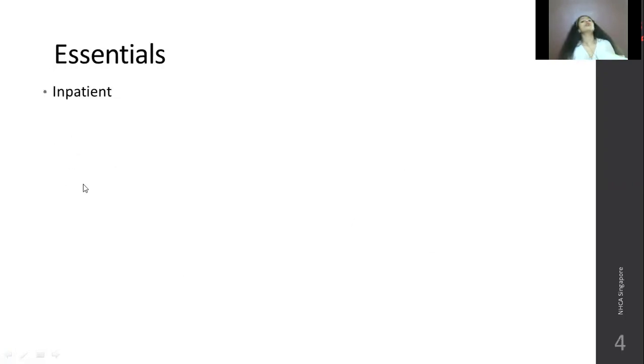So, essentials of medical records. When it comes to inpatients, can any of you mention what are the important things that you will find in a medical record? I hope you must have gone through even a single medical record in your career. What do you remember from the content of the medical record?